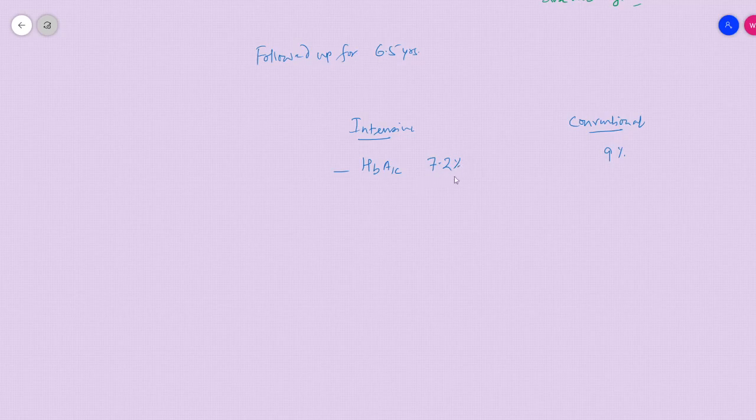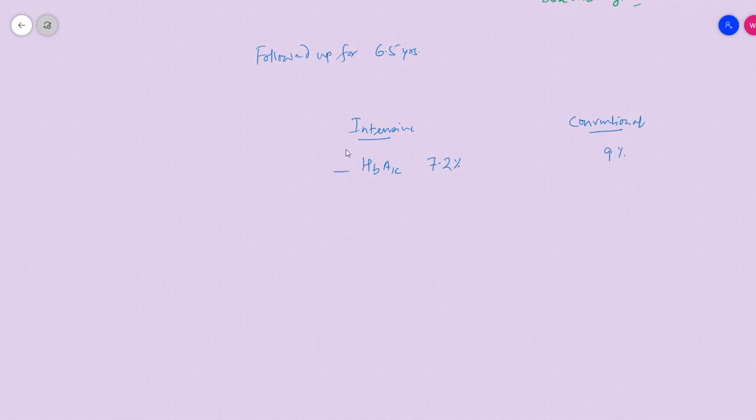Why are they checking this? Because they want to see if the glucose has been adequately controlled. In the intensive it was adequately controlled, that's the reason HbA1c was 7.2, whereas it was not adequately controlled in the conventional regimen.